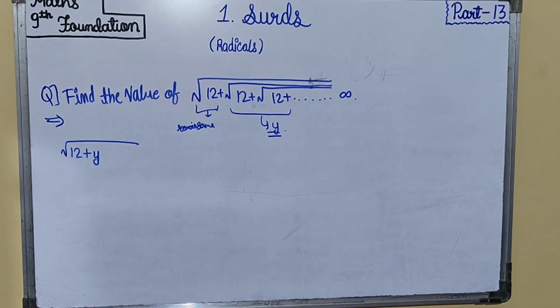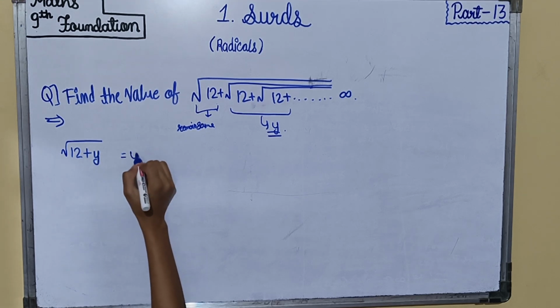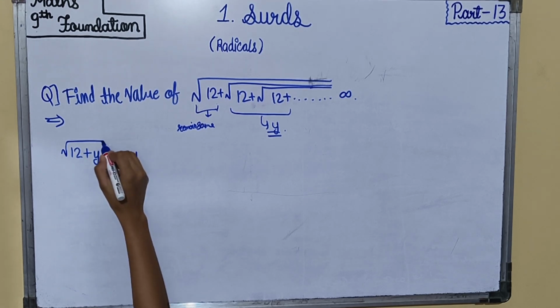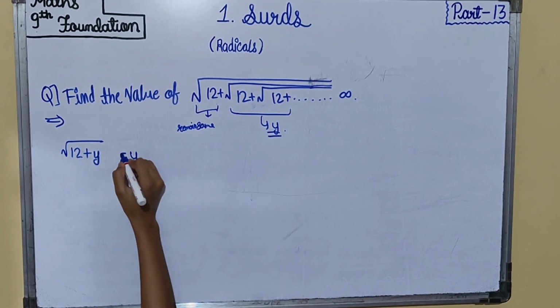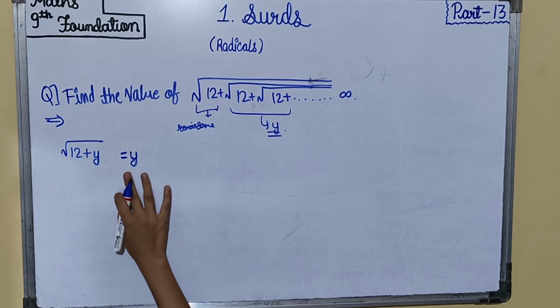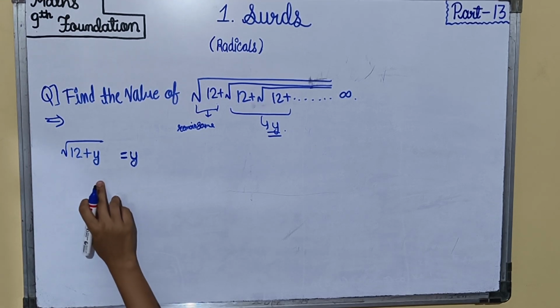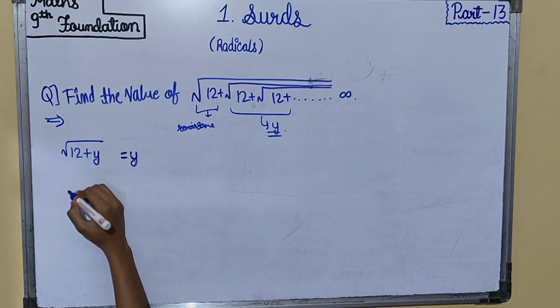Now the value of this will also be equal to y, because we don't know its value since it's infinity. So this is also equal to y. That should be the same variable because y is only one number till infinity.